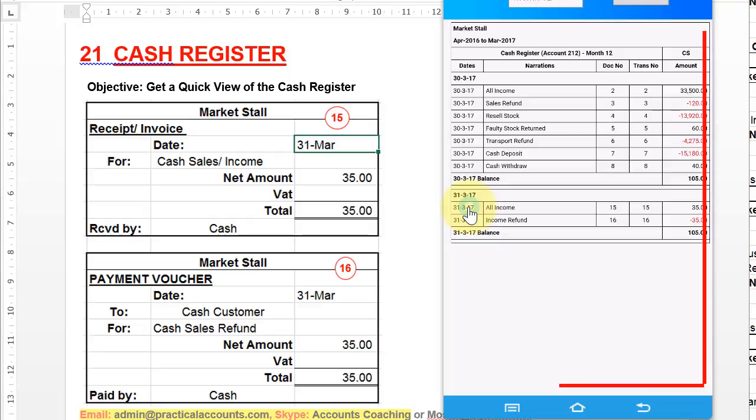What we probably don't have is the opening balance from the previous month. But for that month, we look at transactions from the very first day up to the very last day. Like we said, it's a copy of the cash account, and the only difference is that these transactions are displayed on a day-by-day basis.